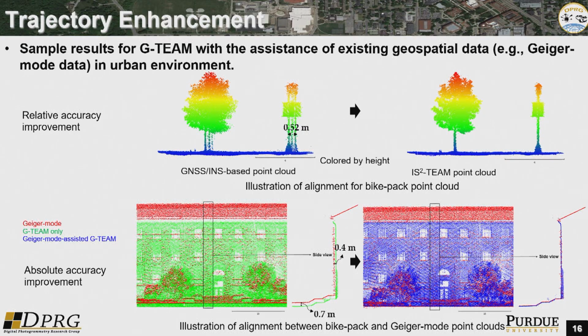When you do the SLAM-like approach, you get well-aligned data. But now here we have multiple data sets. We have Geiger mode data over the campus. On the lower left, you see some discrepancies of 70 centimeters to 40 centimeters. And if we do this properly, we have very well-aligned Geiger mode data with the backpack data.